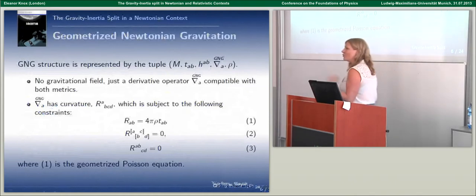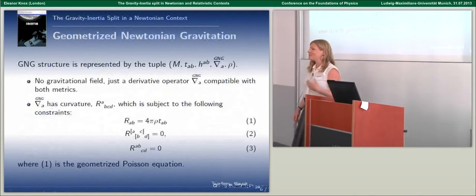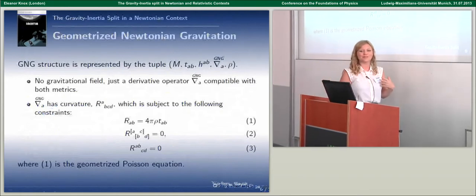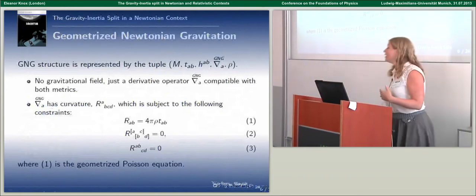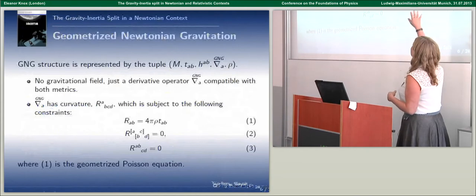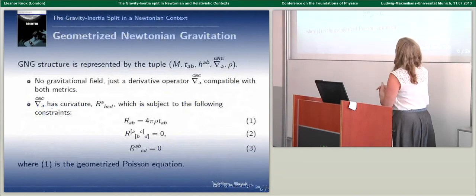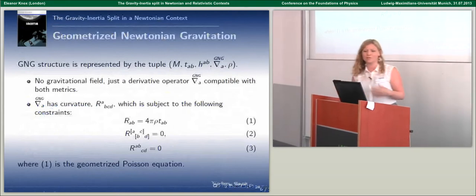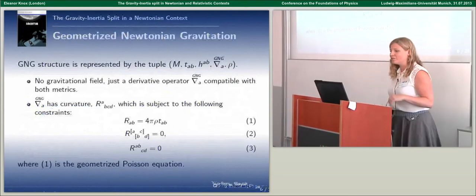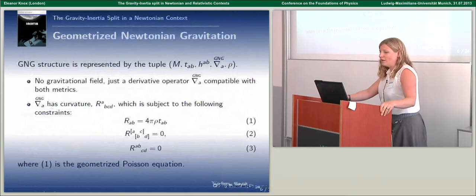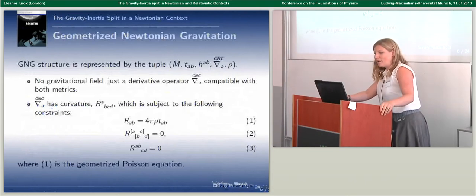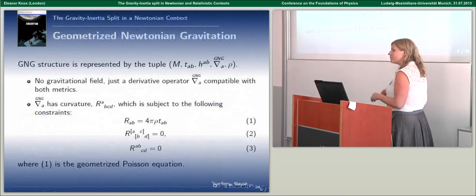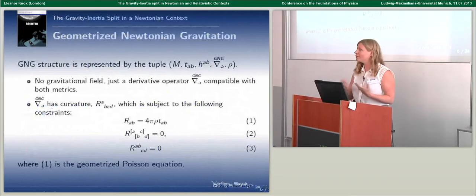Right, so I'm going to assume quite a lot of familiarity with things like Newton-Cartan theory, geometrized Newtonian gravitation, but very briefly, this theory has a structure something like this, right? We have a couple of metrics, a time metric and a spatial metric. We have a connection, and we have a mass density. And there's no gravitational field in this formulation of the theory, right?